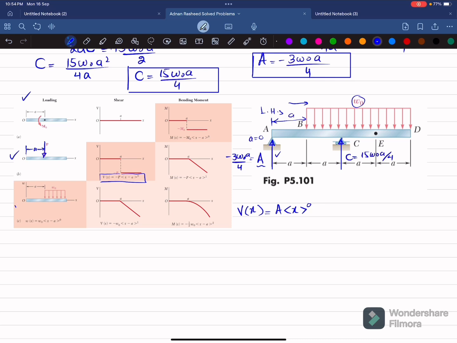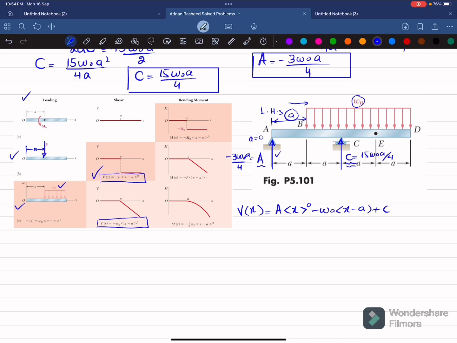So for uniformly distributed load, the shear force equation is this one, and this is downward, so it is minus W naught into X minus A because it is at a distance of A from point A. And the third load is this C load. You can see this is a point load and it is upward, so we will again use this equation.